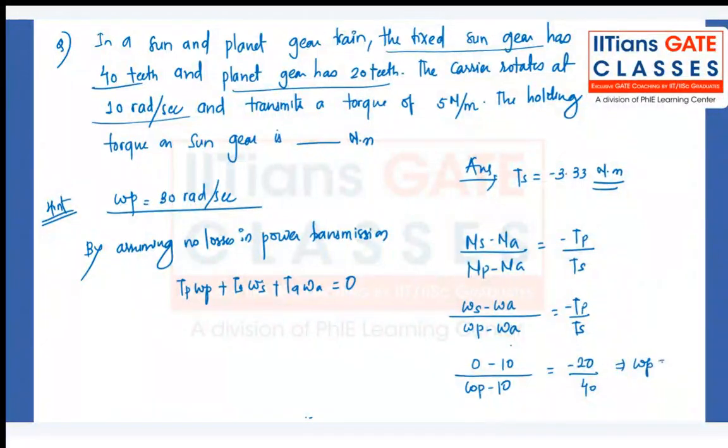So this implies omega p is equal to 30 radian per second. So you got the omega p. So Tp into 30 plus Ts into omega sun, which is fixed, plus Ta into omega a, which is 10, equal to 0.